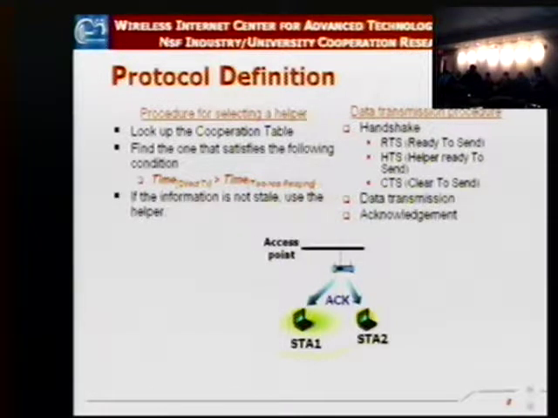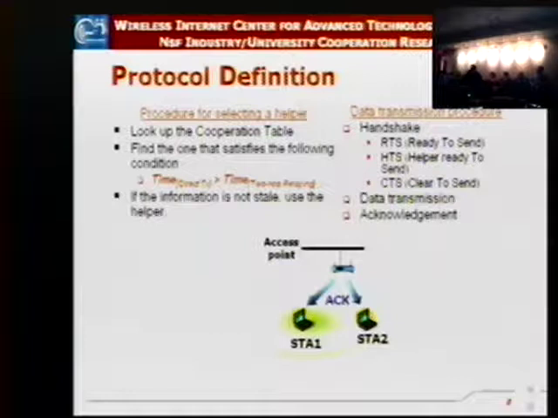So after you lose the packet, you are going to transmit it again? Of course, you'll retransmit it. Do you transmit to the helper again or transmit to the access point? It depends. We can use another helper, or you can transmit directly. It depends on the instance of your neighborhood. Do you have an algorithm for that? Yes.